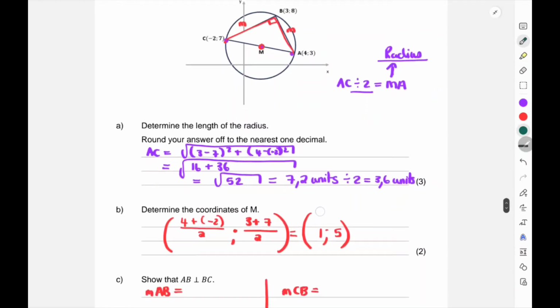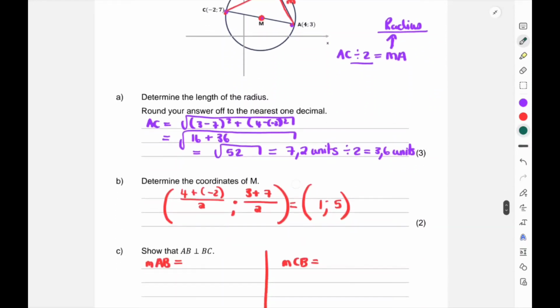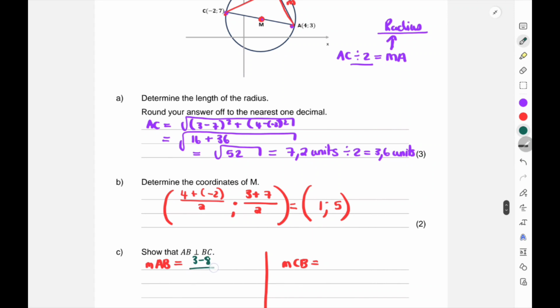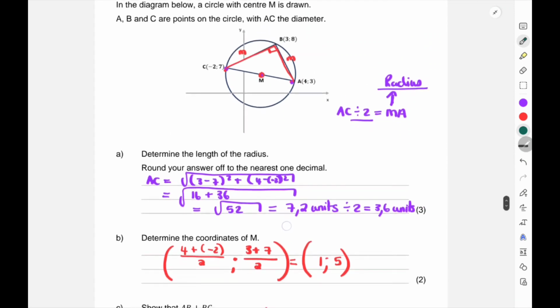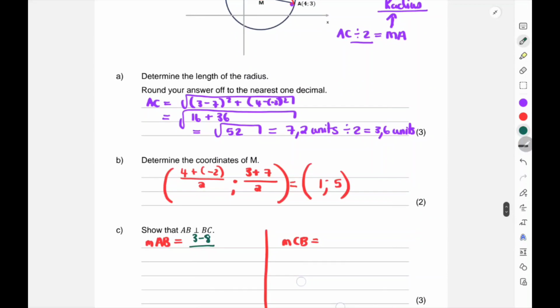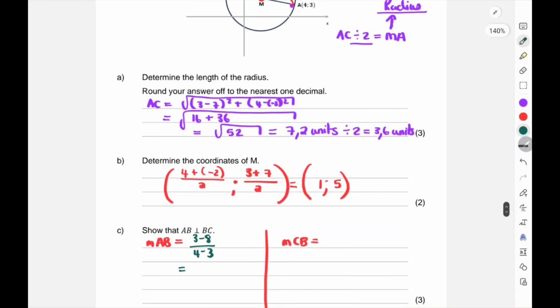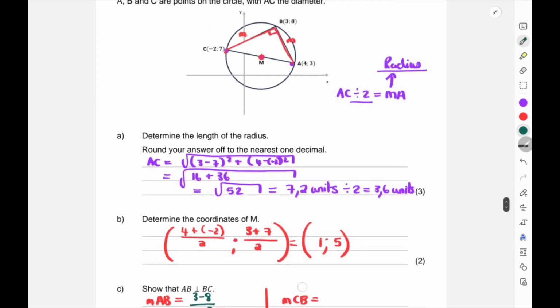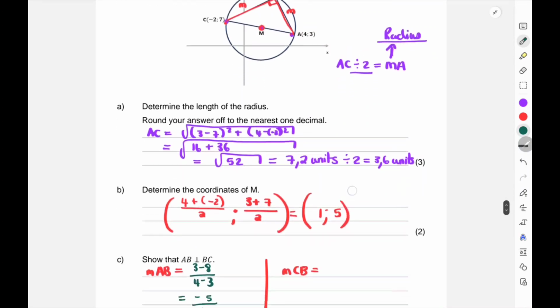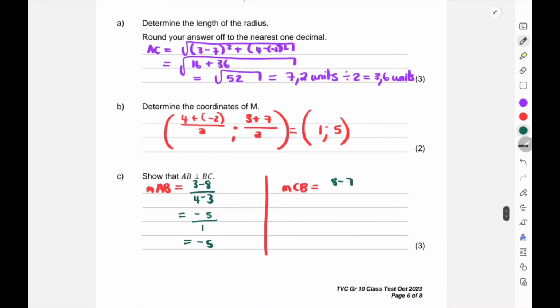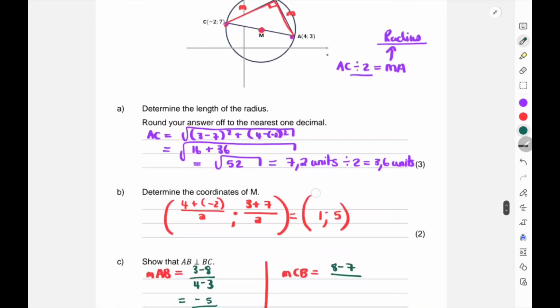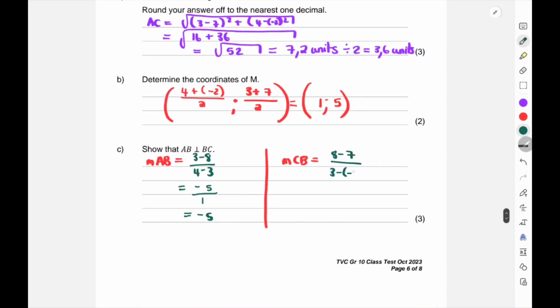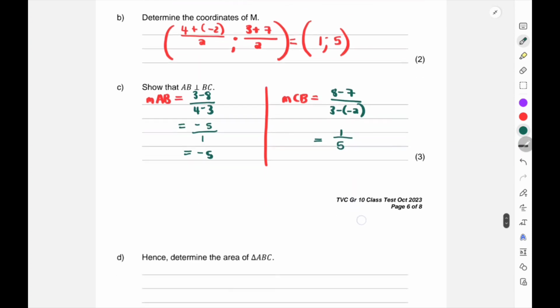Okay, the gradient of AB, change of y, so 3 minus 8 over change of x, 4 minus 3. 3 minus 8 gives you -5 over 1, which is -5. And the gradient of CB is change of y over change of x, which gives you 1 over 3 plus 2 is 5.